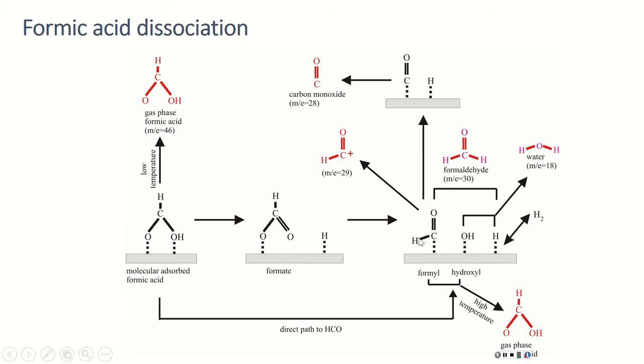These are the possible fragments of formic acid and other background chemical impurities. When you heat the sample, these fragments can associatively or molecularly desorb to form different mass fragments. We detected these mass fragments labeled in red.